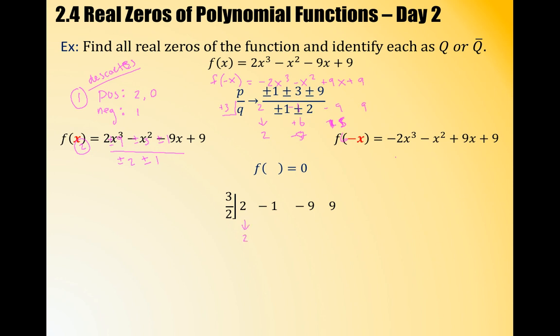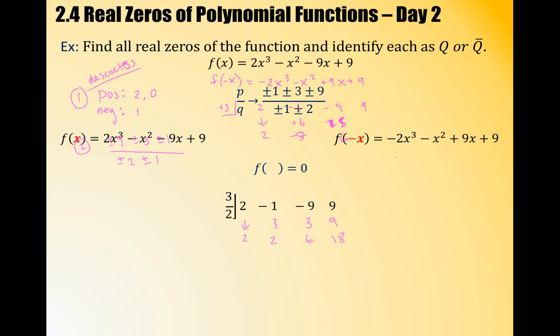Bring down the 2. I get a 3 there. Negative 1 plus 3 is 2. I get a 3 there. 6. So that's going to give me 8. That'll give me 9. Whoa, that's 18.